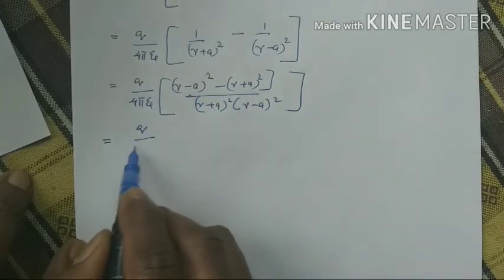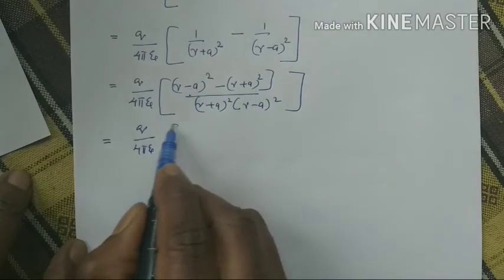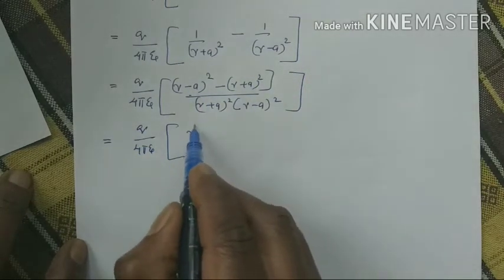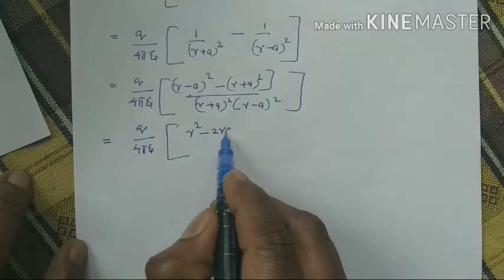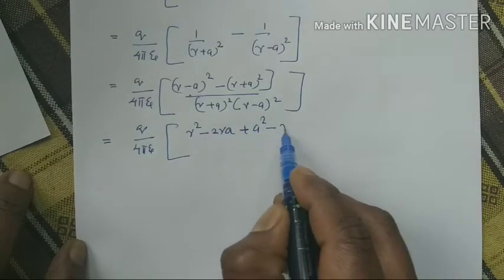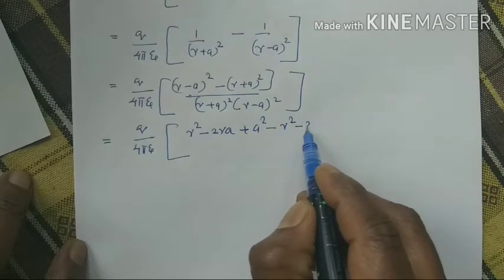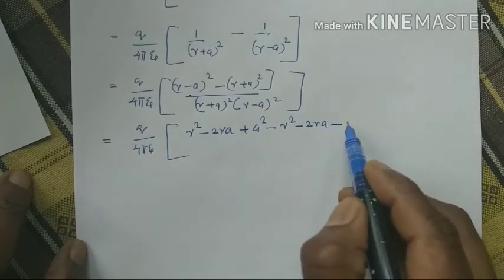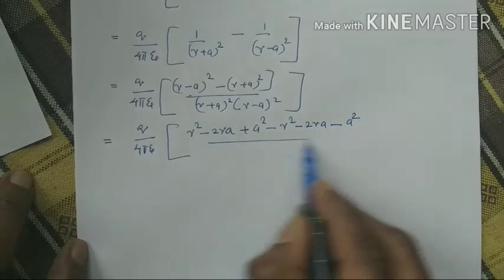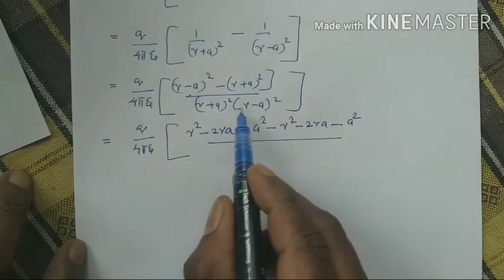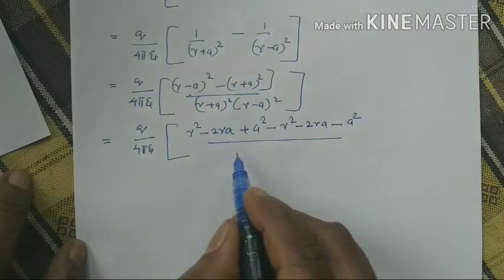Again q divided by 4 pi epsilon 0, this is just (a plus b) whole square and (a minus b) whole square. So a square minus 2ab plus b square, again minus r square minus 2ra plus a square, divided by, see this is (a plus b) into (a minus b), which is a square minus b square.